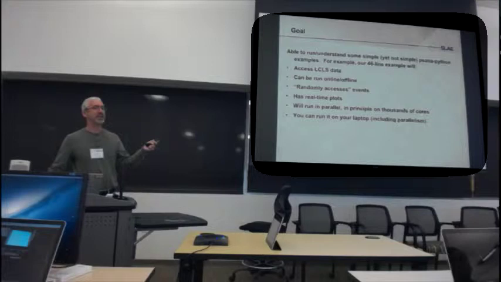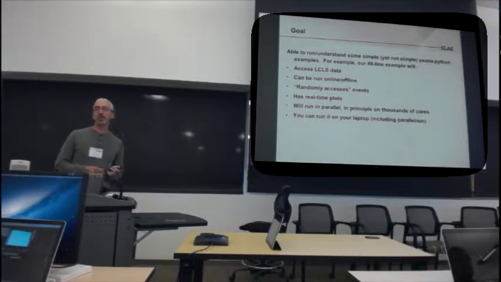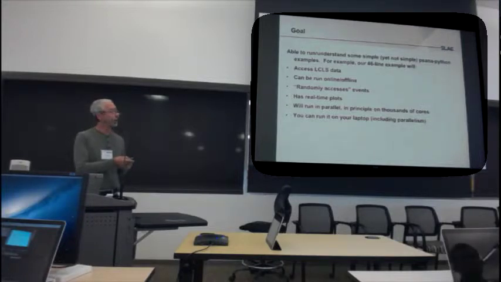But this 46-line example is going to access LCLS data, obviously. You can run it in real time online, or you can run it offline. It will randomly access events, so if you want to jump immediately to event number 30,000 in your file, this 46 lines shows you how to do that.